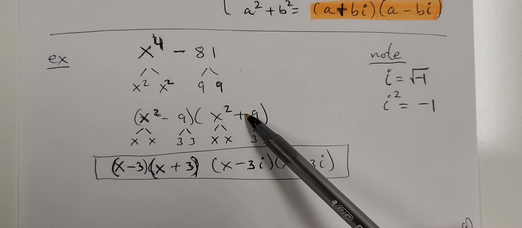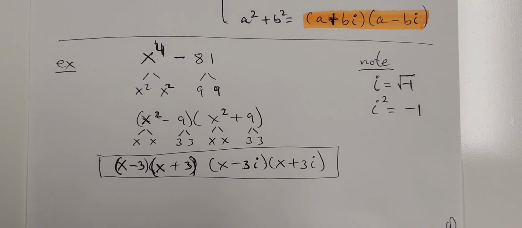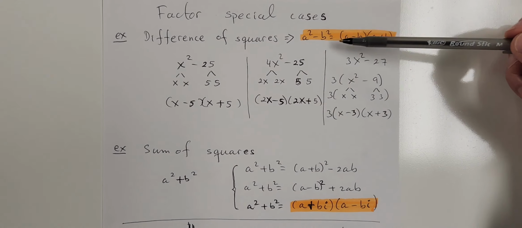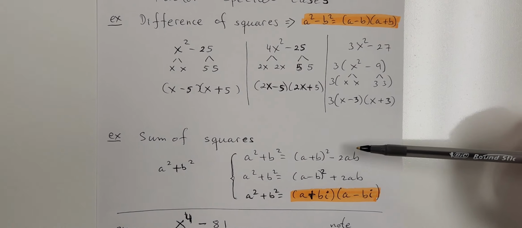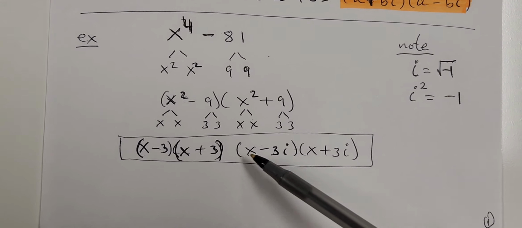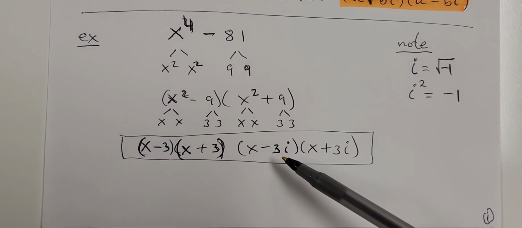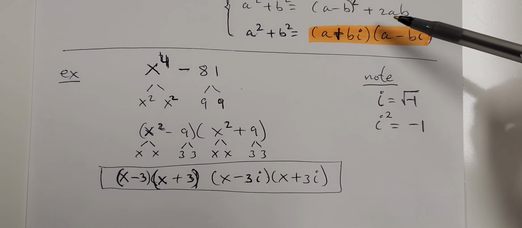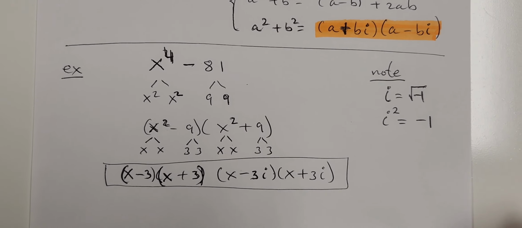This is a plus, so very similar to the one up here, but we have to include the i. So x minus 3i, x plus 3i. Very similar, we just have to include the i.